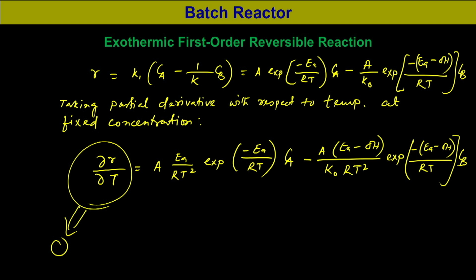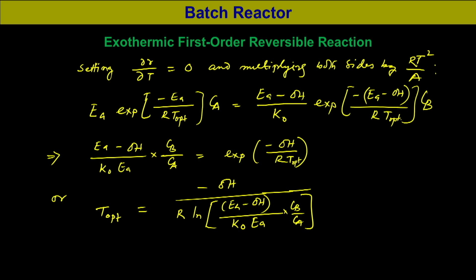Now, if we set this equal to 0, setting del r del T equal to 0 and multiplying both sides by RT square by A, you would obtain Ea exponential minus Ea by RT into Ca is equal to (Ea minus delta H) by K naught into exponential minus (Ea minus delta H) by RT into Cb.